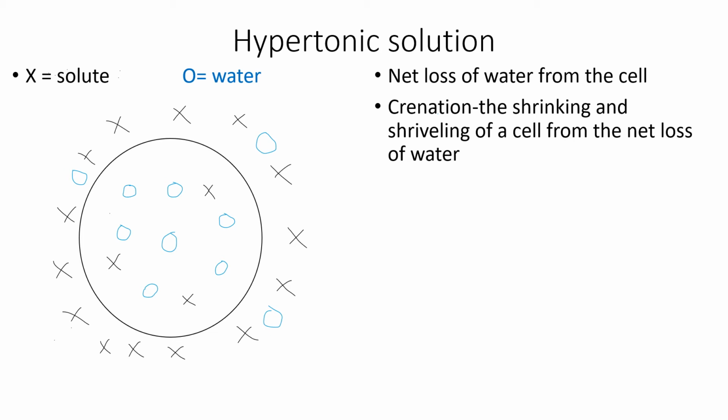If they're concentrated, they're going to want to spread out and equilibrate to thoroughly mix together so you get equal concentrations throughout. The same thing wants to happen here, but there's something that's preventing that. We have more solute particles outside of the cell than inside of the cell. So in order to equilibrate, these particles are going to want to try to get into the cell, but there's something that's preventing that.